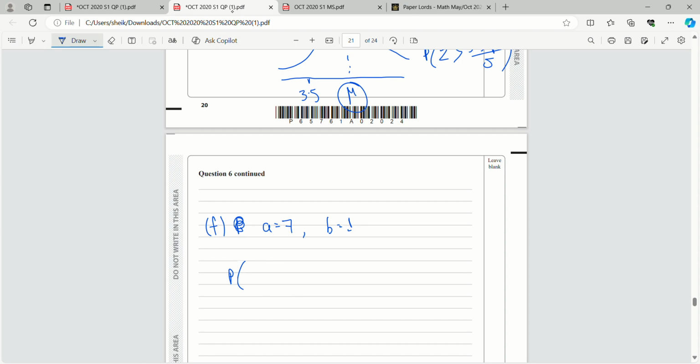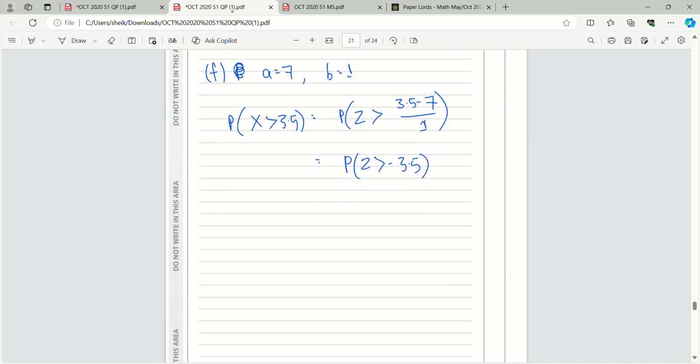So that's P(X greater than 3.5) equals P(Z greater than (3.5 minus 7) over 1). Okay, let's calculate that. 3.5 minus 7, that's minus 3.5. P(Z greater than minus 3.5). Okay, so that's equal to P(Z less than positive 3.5). Yeah.